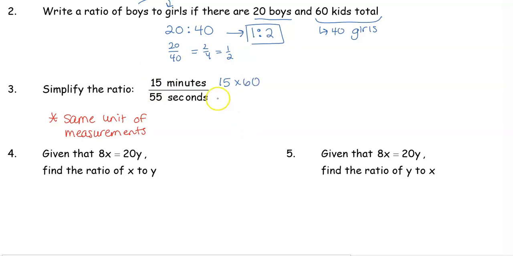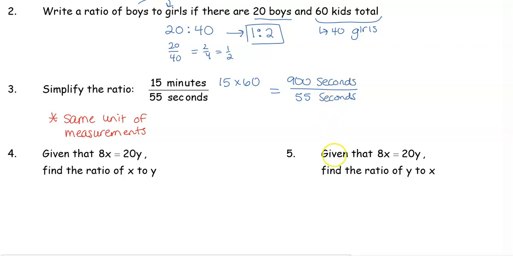So I do 15 times 60, which is going to give us 900 seconds over 55 seconds. So we convert it to get that same unit, because I can't reduce if it's in minutes and seconds. I either need to get everything to minutes or everything to seconds. It's always easier if you convert so that you are multiplying.